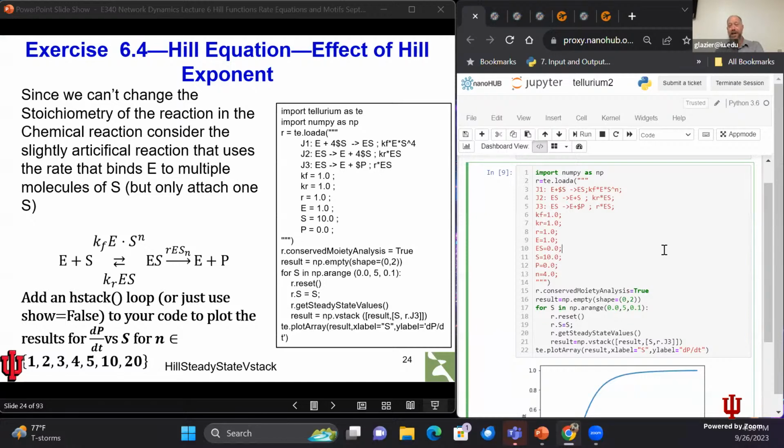So you can actually have a variable stoichiometry. But the version of Tellurium that's up on NanoHub doesn't support it. It's an older release, so it doesn't have it. So when we get the NanoHub version of Tellurium updated, then we'll be able to have variable stoichiometry in the NanoHub.